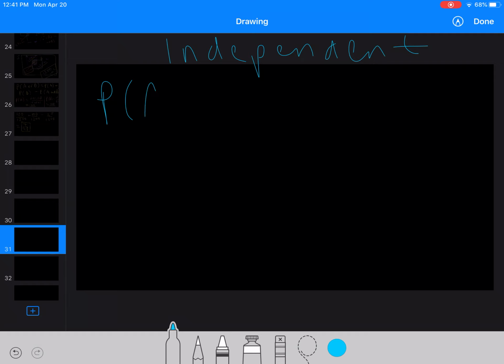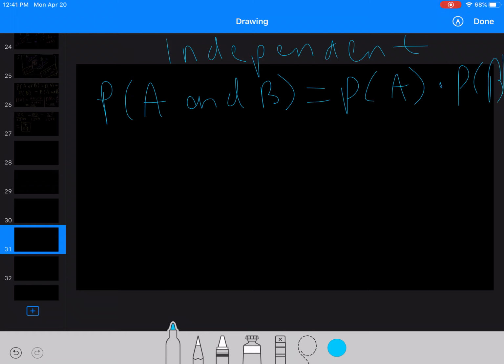So if I want to find the probability of event A and B happening, that's just the probability of A times the probability of B. Very, very good. If we know that the events are independent, we can use this idea. Just multiply the event A times the event B.